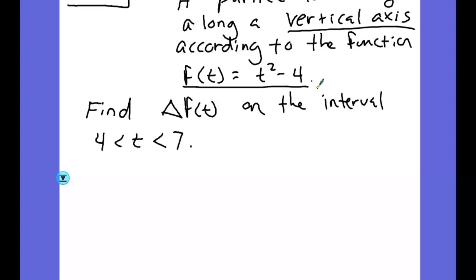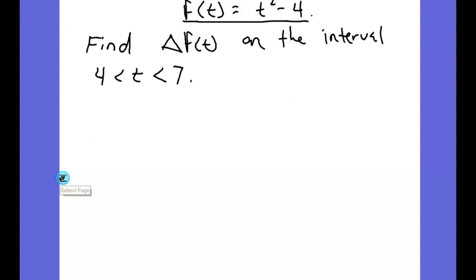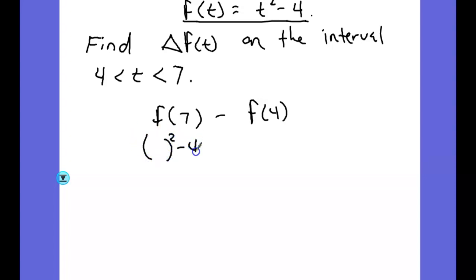So the first thing that we need to do, you guys, is we need to find out what f of 7 is. And then we need to find out what f of 4 is. And then we need to subtract them. Let's do it. So my function is t squared minus 4, right?